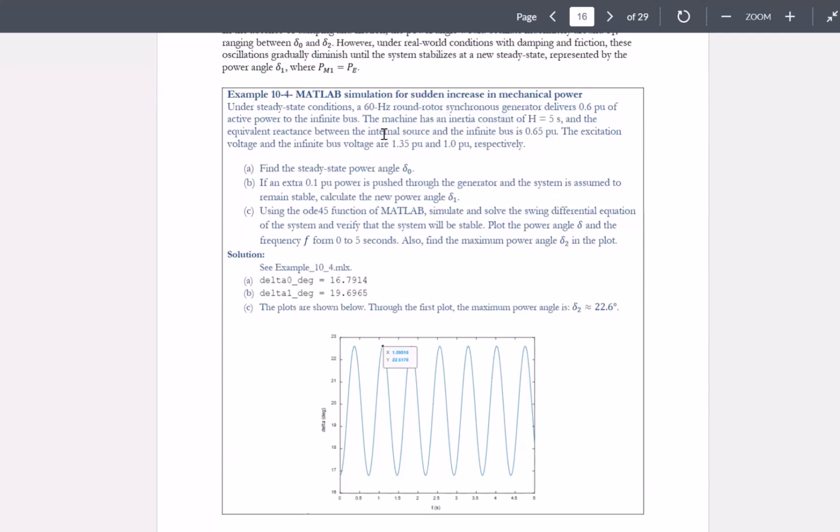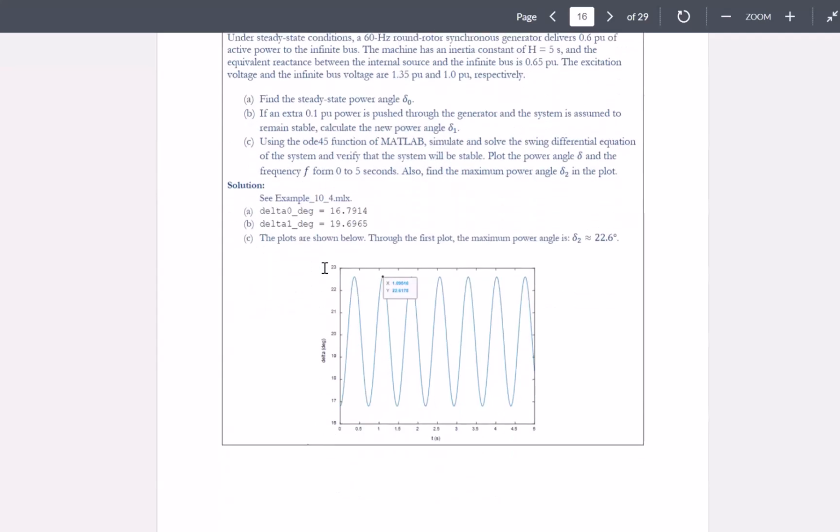Equivalent reactance between the internal source and the infinite bus is 0.65 per unit, and the excitation voltage and the infinite bus voltage values are 1.35 and 1 per unit respectively. We want to find the steady state power angle, delta 0, and if an extra 0.1 per unit power is pushed through the generator, we want to calculate the new power angle delta 1, assuming that the system will remain stable.